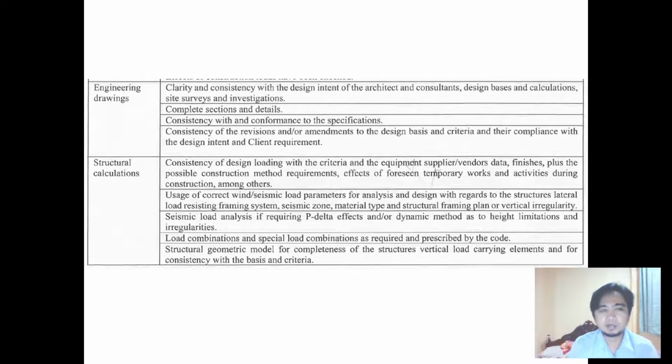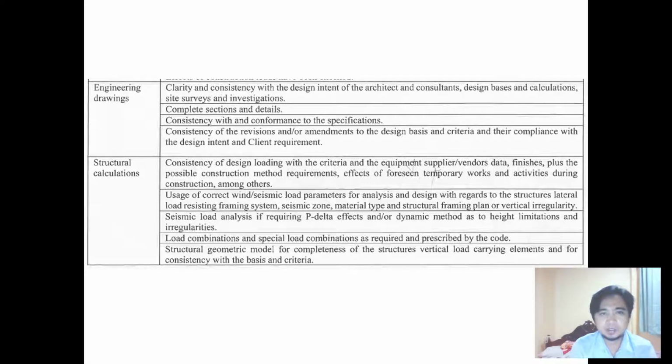So we also have engineering drawings. It should be consistent, as I have said. The drawing should be consistent, architectural or structural, as well as the embedded items in some other discipline like mechanical, plumbing system, water system, electrical, and among others.